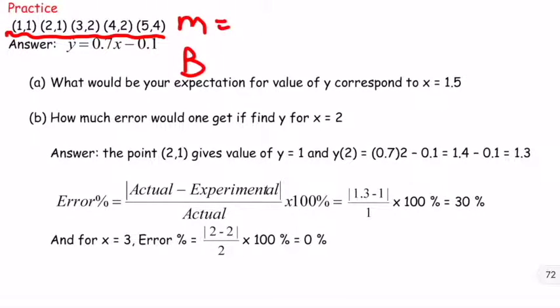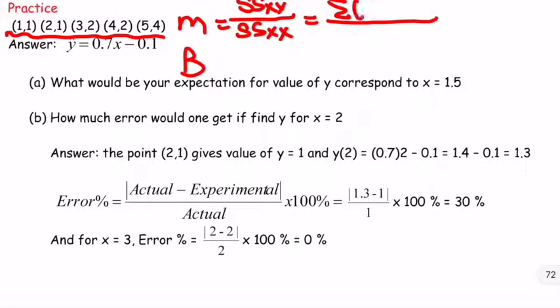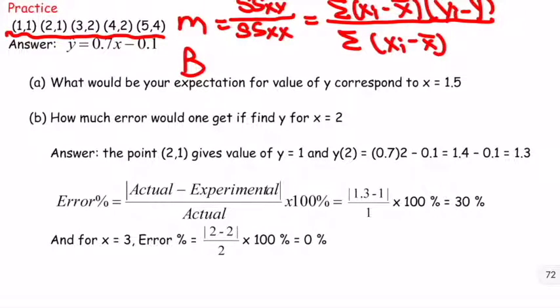Remember, the slope is equal to SSXY divided by SSXX, which is the summation of xi minus x bar times yi minus y bar, and the denominator is xi minus x bar squared.